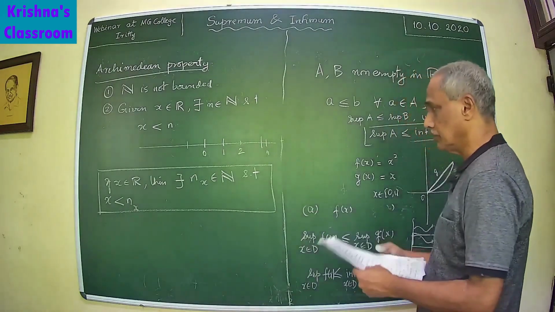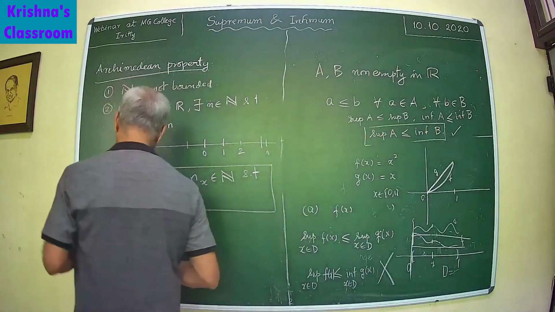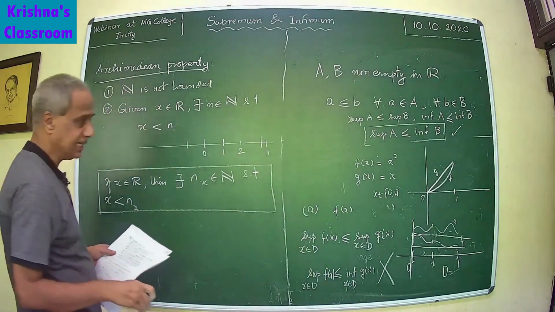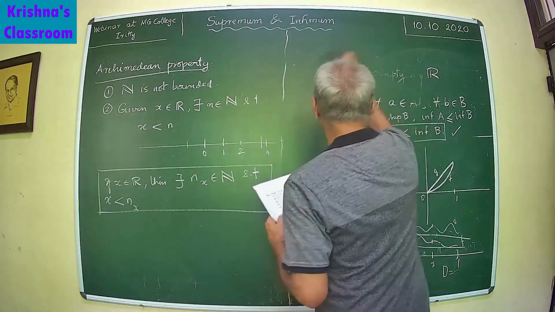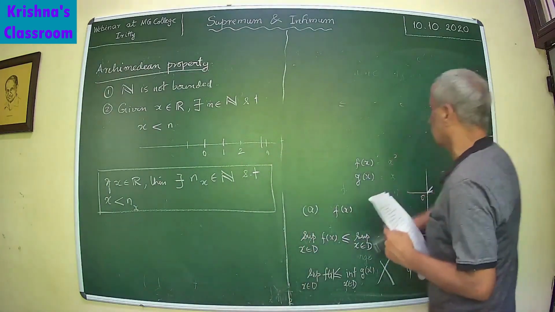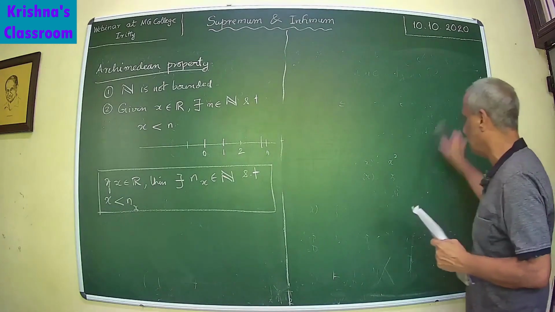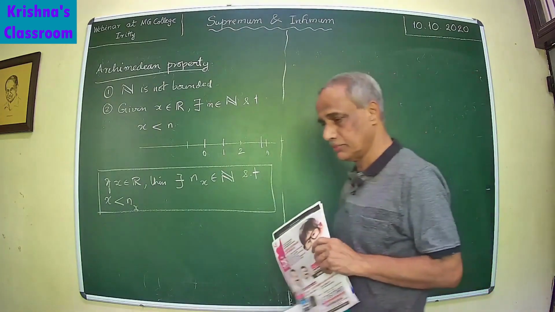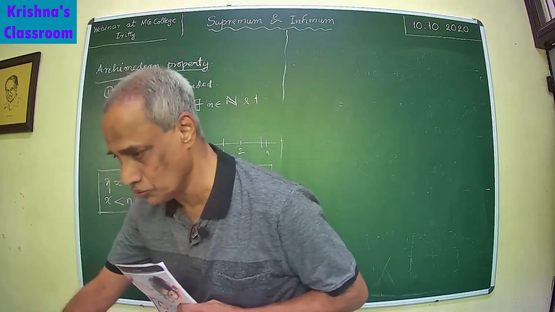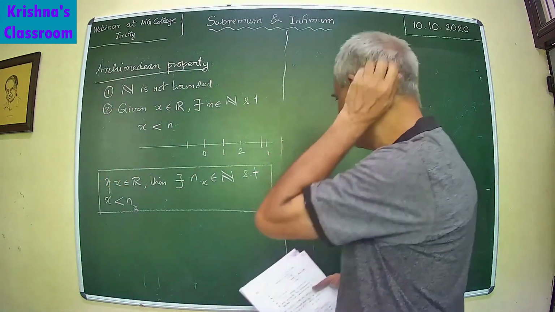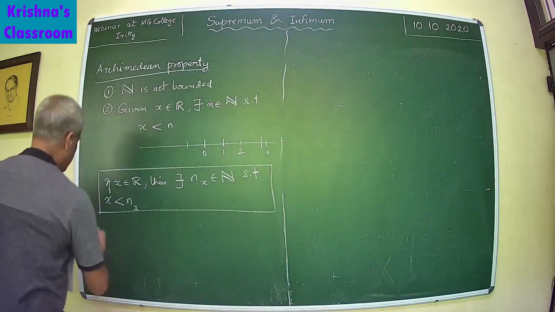Now we want to prove this. Okay? I just give it. This gives an indication of how you prove such things. See, here you use the supremum and infimum ideas. So it's just to show how you use these ideas. Okay. Proof.